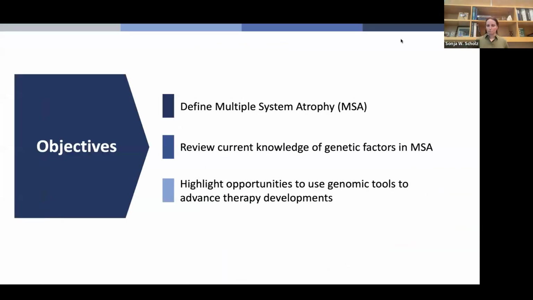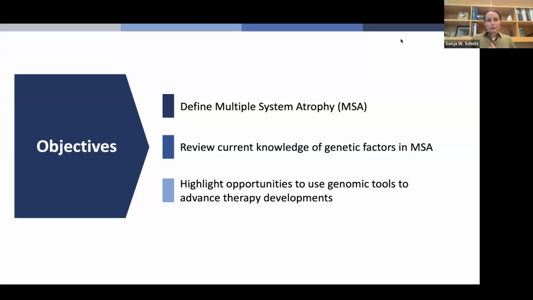A couple of topics that I would like to cover in this webinar: first, I want to just talk a little bit about what actually is multiple system atrophy. I know we have different viewers on the line, some may be more knowledgeable than others. And then I really want to talk about how do we actually think about genetic factors that may play a role in multiple system atrophy? Why do we even think there are genetic factors involved in an apparently sporadic disease?